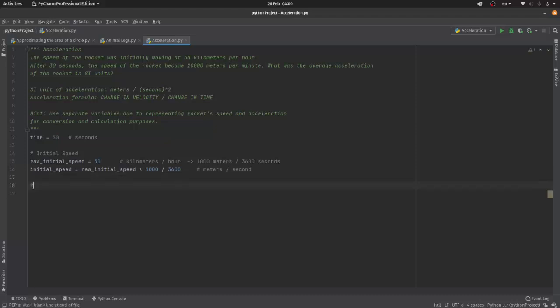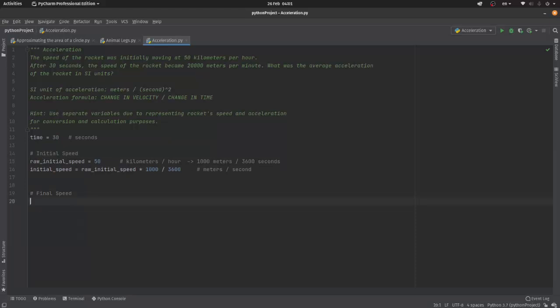And then we will consider the second variable. The second variable is the final speed, which is 20,000 meters per minute. Notice how we separated the calculations made on the initial speed from the final speed.